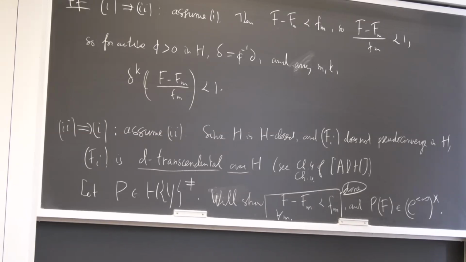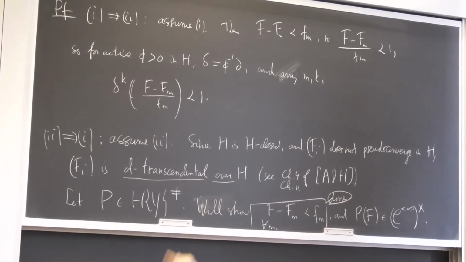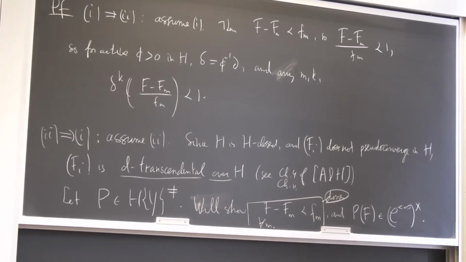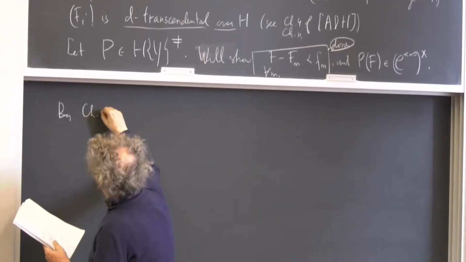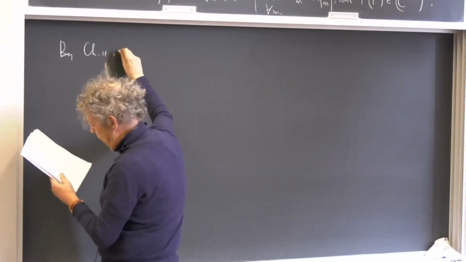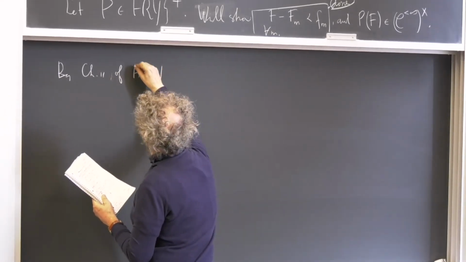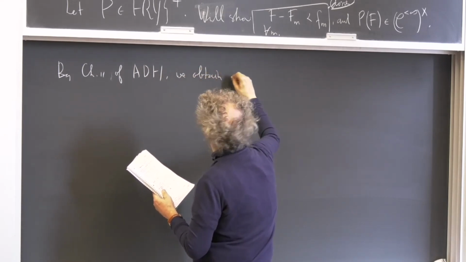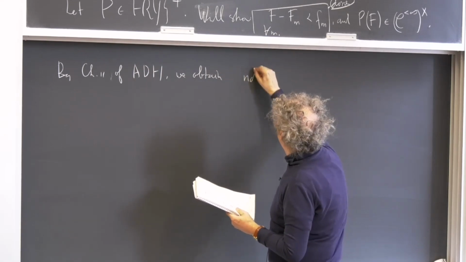Okay. Now, the main thing, the fact that this is transcendental over H, by various results in our book, had the following consequence. By chapter 11, the Newton degree.